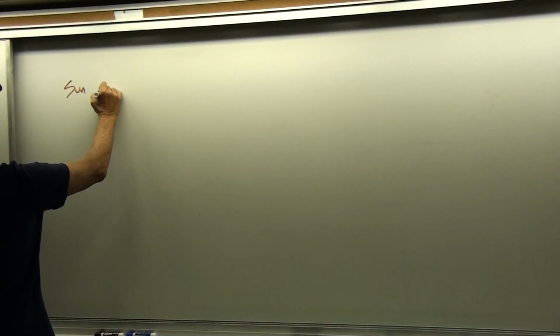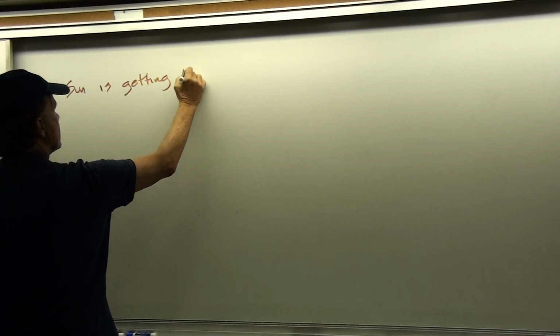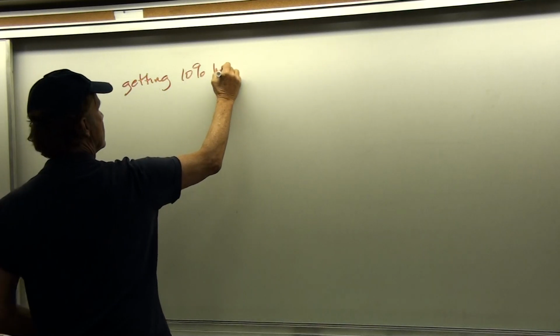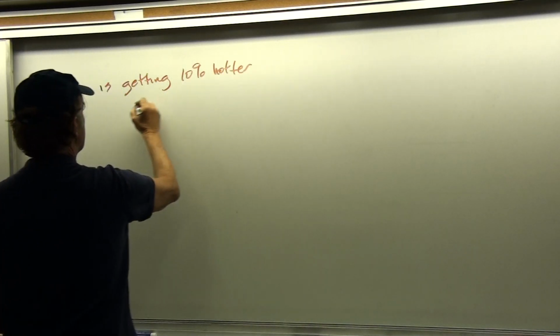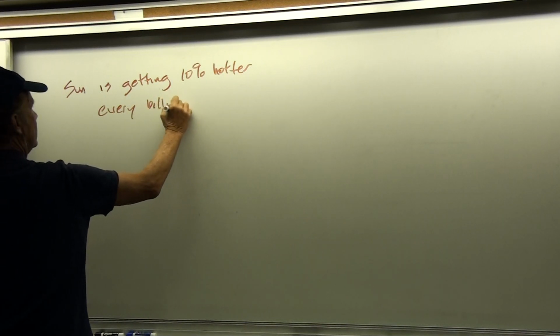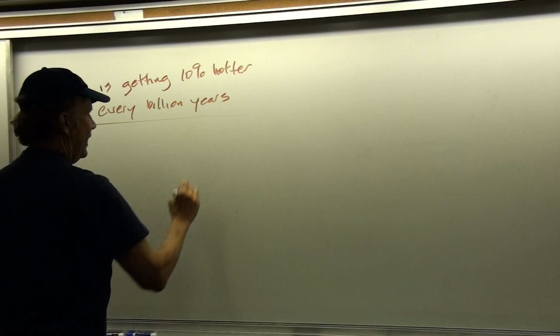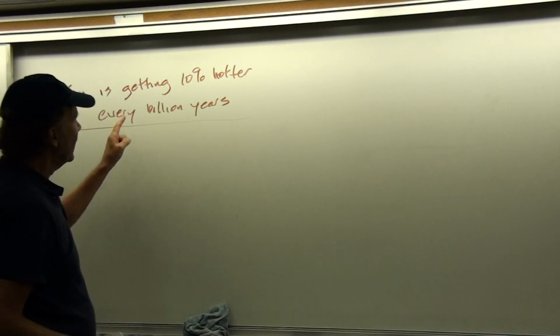Now the sun is getting about 10% hotter every billion years. And so this is a lot.